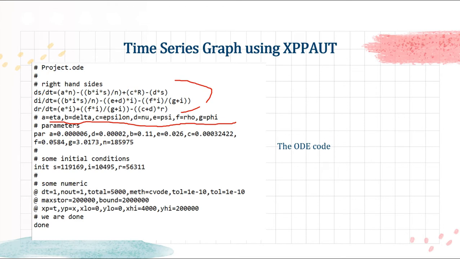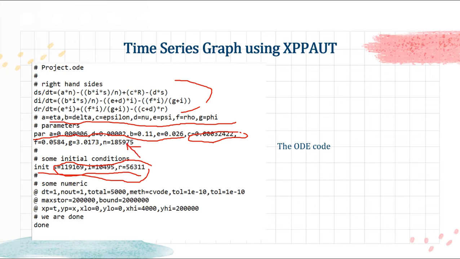And then the parameters we use are from the research paper, where the epsilon value is very low. Then our initial conditions are also from the research paper with these values, and when we add these three initial conditions together, we will get the n value.